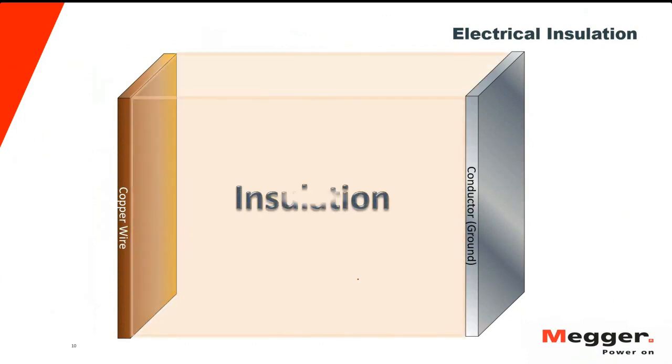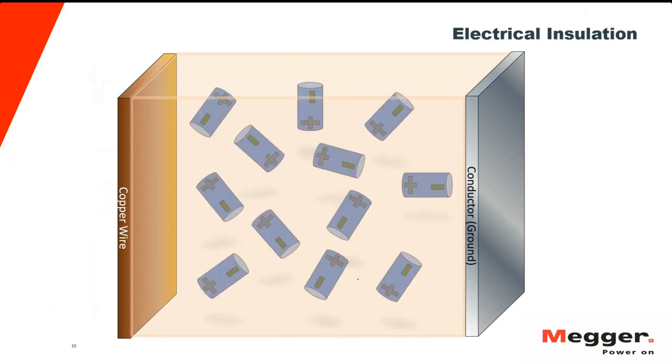So we have a conductor on the left side, a conductor on the right side, and we have the insulation in between. So that is a capacitor here. And this insulation here is composed of dipoles, which has two charges combined, the negative and the positive. That's what we call the dipole. And we also have the electrons, or the negative charge, right?